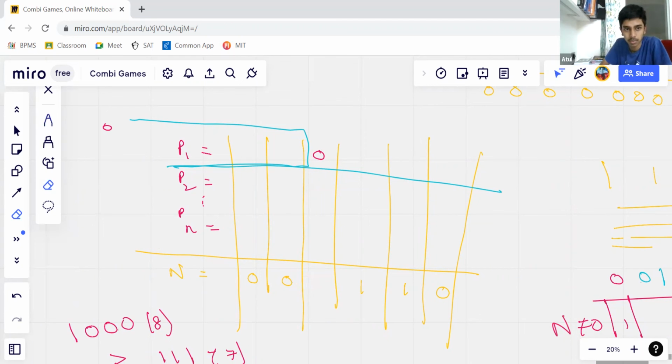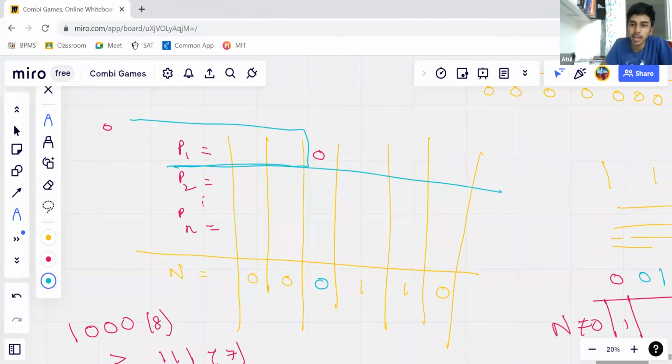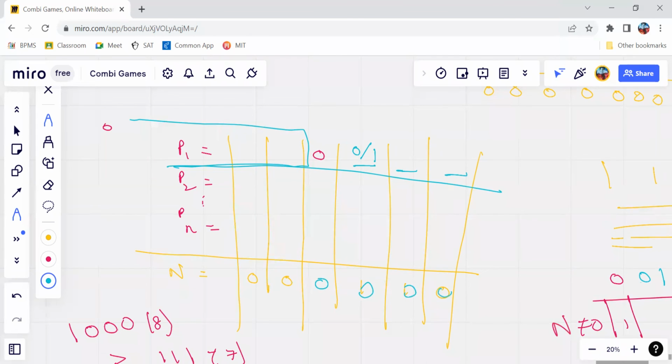So because I made this 1 into a 0, what does this become? This has become 0. And now in each of these places, I'm going to choose whether to put a 0 or a 1 such that this bottom number becomes a 0.